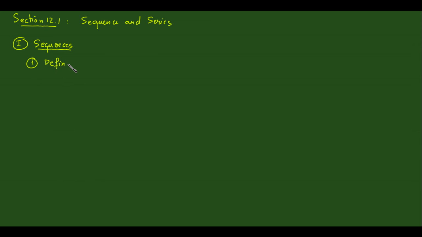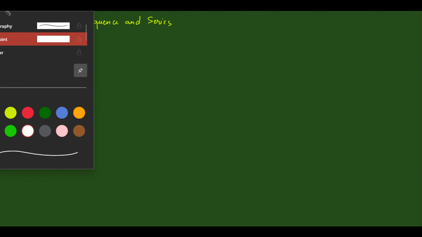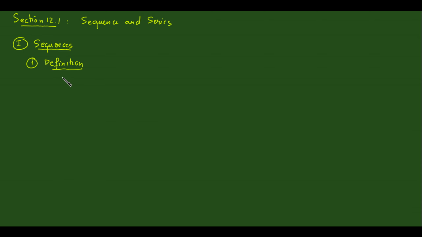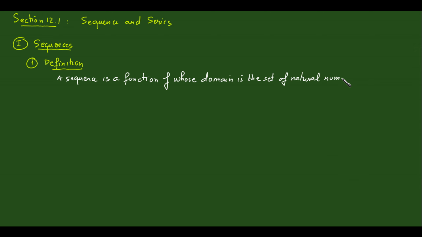Definition. Mathematically, a sequence is a function f whose domain is the set of natural numbers.